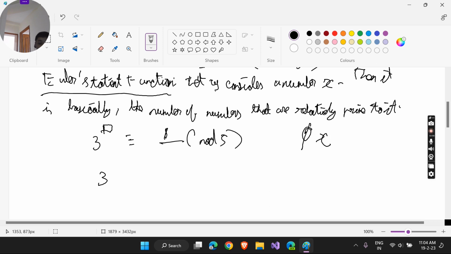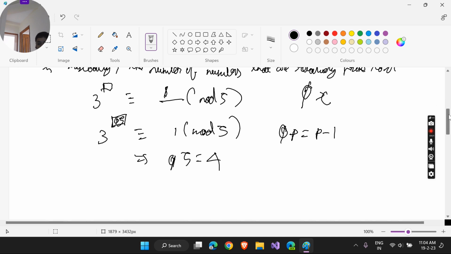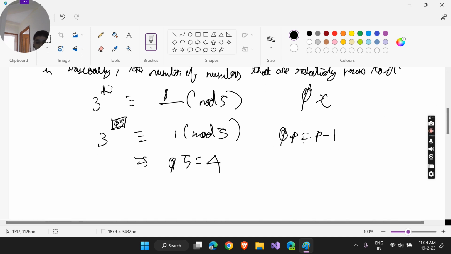So when you take the congruence, 3 to the power phi of 5 is congruent to 1 mod 5. So what is phi of 5? It will be 4. Since 5 is a prime, the phi of any prime number p is equal to p minus 1. So it's simple. Phi of p is p minus 1.